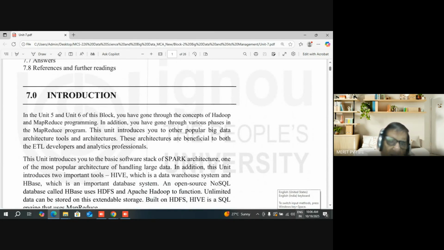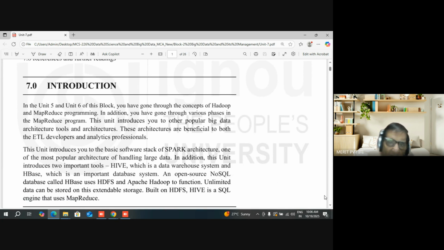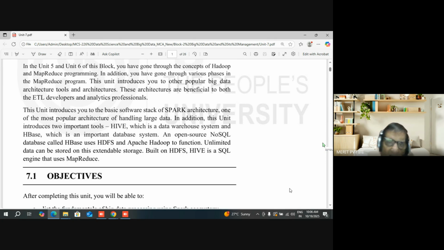In Units 5 and 6, you have gone through the concept of Hadoop and MapReduce. This unit introduces you to the basic software stack of Spark architecture, one of the most popular architectures for handling large data. In addition, this unit introduces two important tools: Hive, which is a data warehouse system, and HBase, which is an important database system.